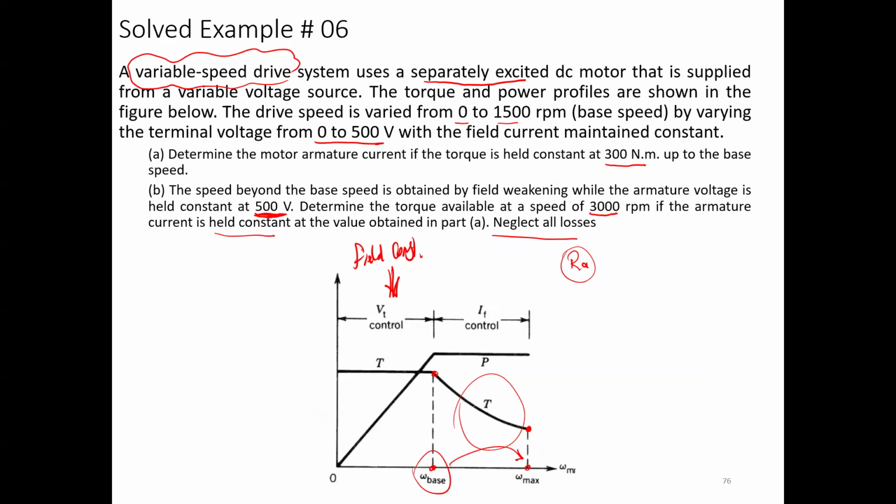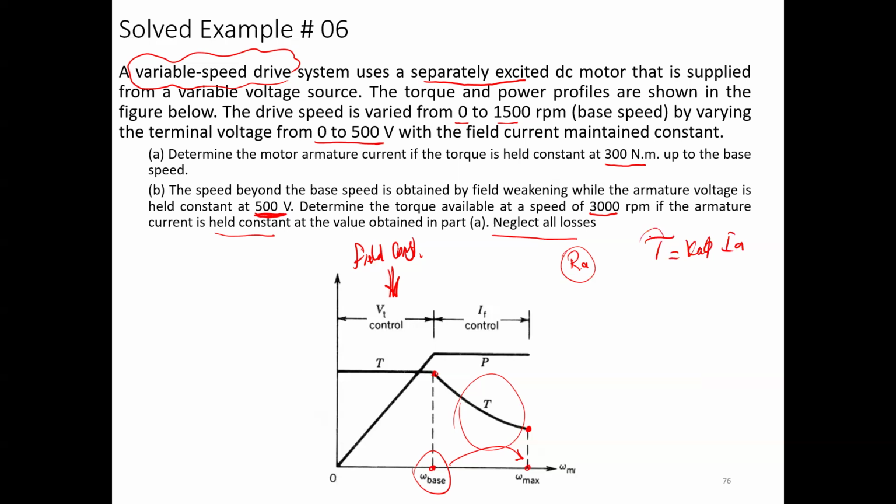So in this part, guys, this is going to be the field control. We are going to make field weakening until the motor speed equals twice the base speed. So what we can do is calculate the new K phi, and since we have constant current compared to part A, we can get the torque in part B, because T equals Ka phi times Ia.